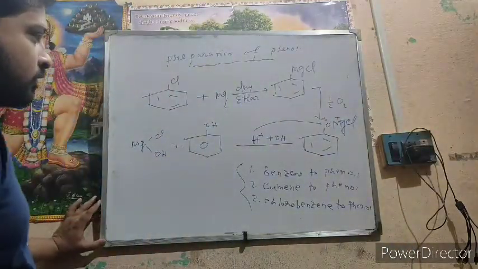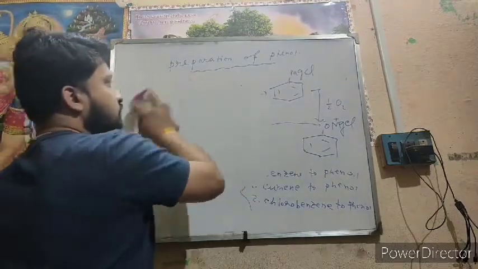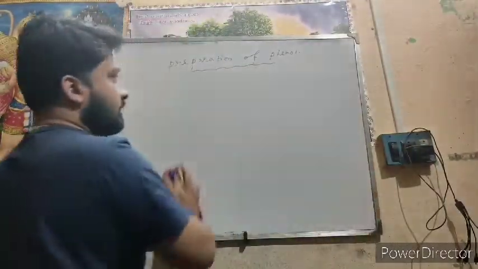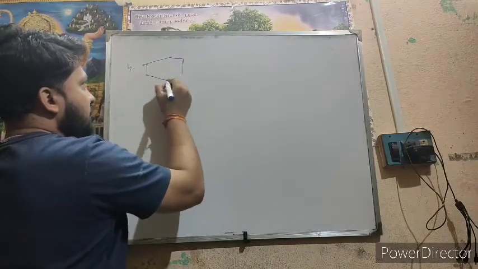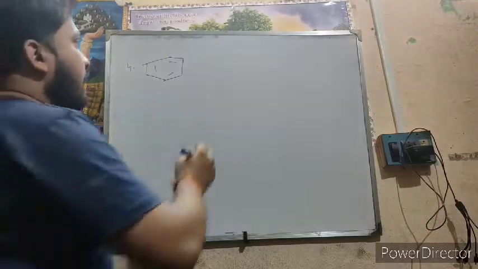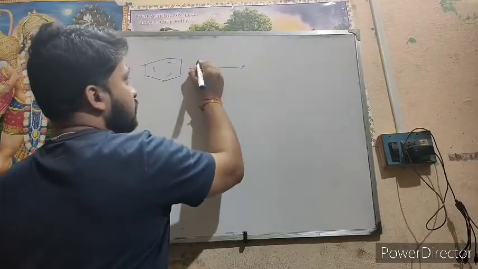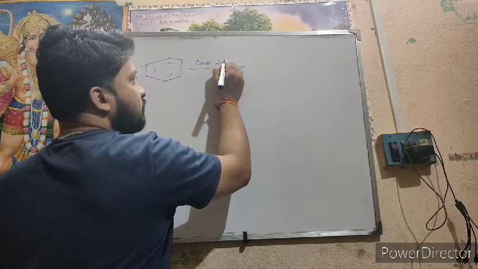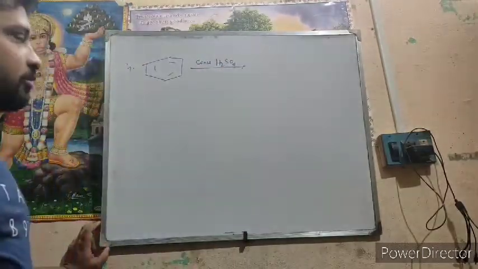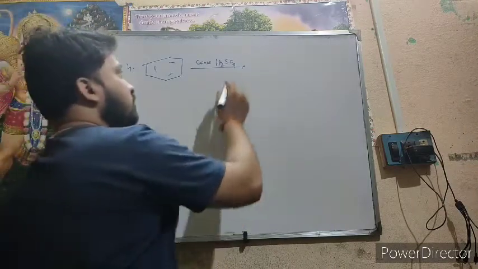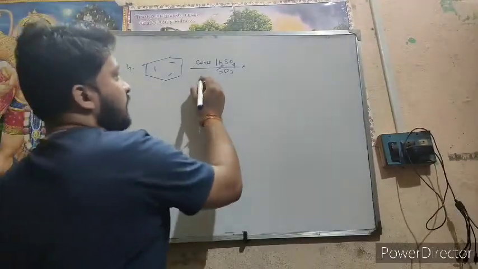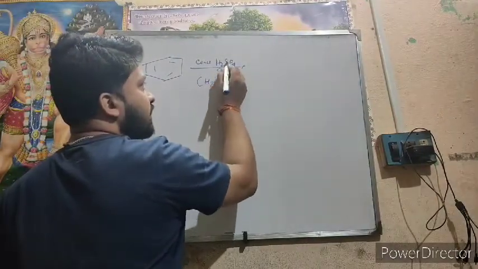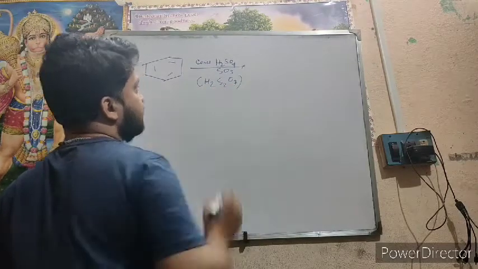Then benzene sulfonic acid. Number 4 preparation. You take benzene, and it reacts with concentrated H2SO4, or you can write concentrated H2SO4 with SO3, that is H2S2O7.